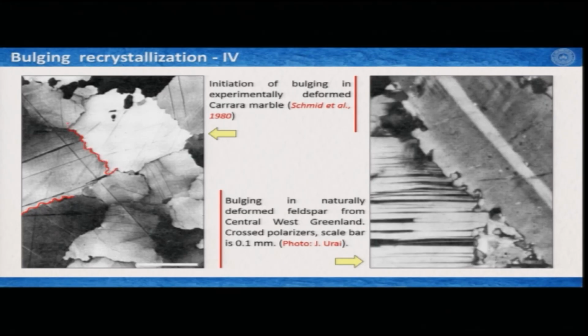This is a Carrara marble, so calcite, and this is a naturally deformed feldspar. What you see here, all these things, is where the bulging has started at the interface of the two crystals. So, if you see a thin section or microstructure, now you will see it in a different way, I believe, and try to figure out what kind of recrystallization has happened.